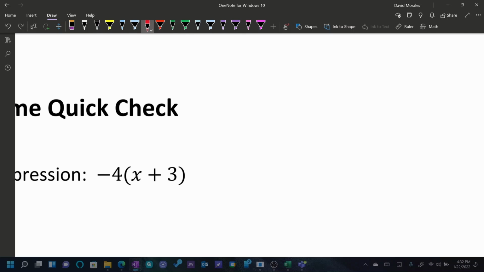I have -4 multiplying to both x plus 3, and x and 3 are adding to each other. So how do you handle these? Well, you can break them down into two groups. One group is multiplying and the other group is adding.